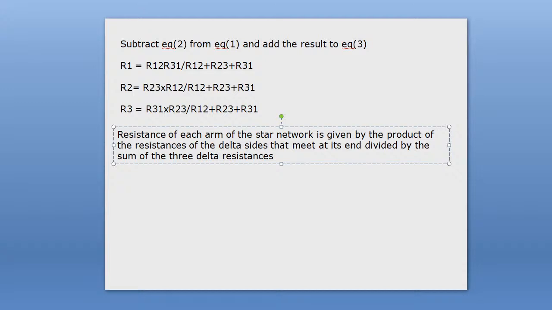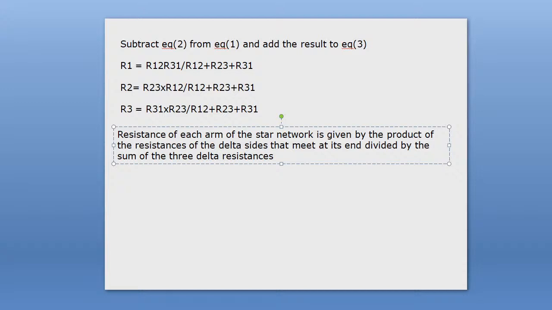If we want to calculate the resistance R1 for star network, at terminal 1 two resistance are joined, R12 and R31, therefore product is nothing but the multiplication of these two terms R12 and R31 and divided by the all three resistance.